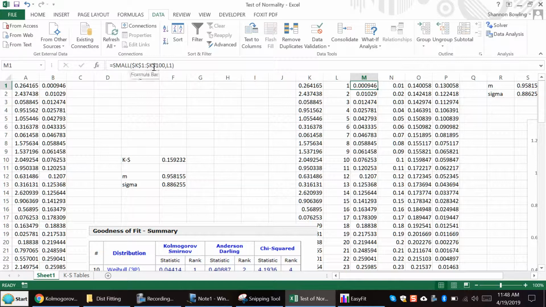SMALL of K1 through K100, which is my raw data right here. L1, which is the first smallest, the second smallest, the third smallest. So do you see how that sorts for me? That's all. It's just a sort button, but instead of me having to copy, paste, and sort each time, if I were to come over here and change my data, this would automatically update.